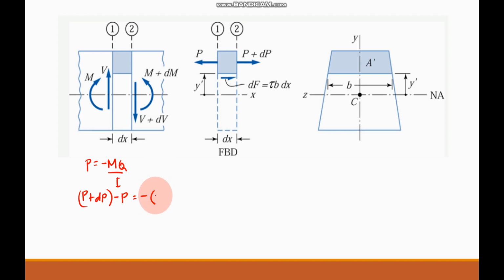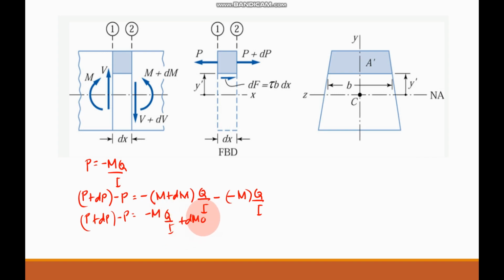In terms of moment, we have M plus dM multiplied by Q all over I. And then at the left portion, we have the negative value of negative M of Q all over I. So we have negative M Q all over I plus dM of Q all over I plus M of Q all over I. So cancel this out.